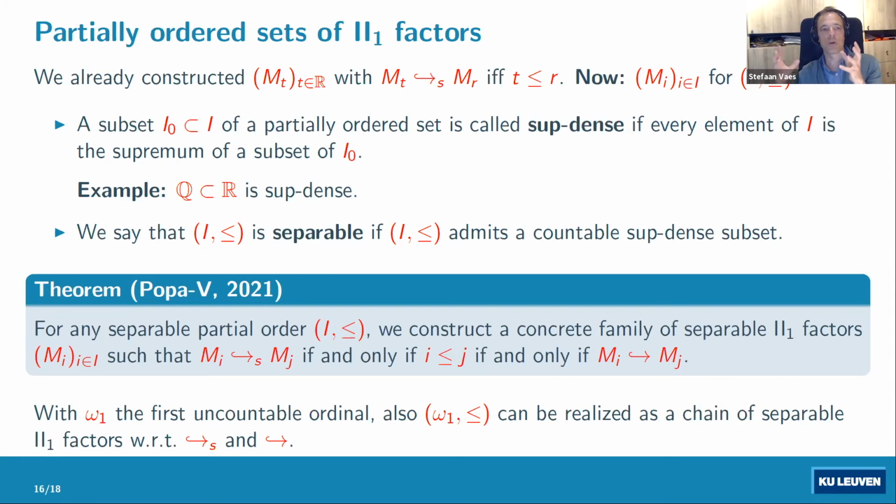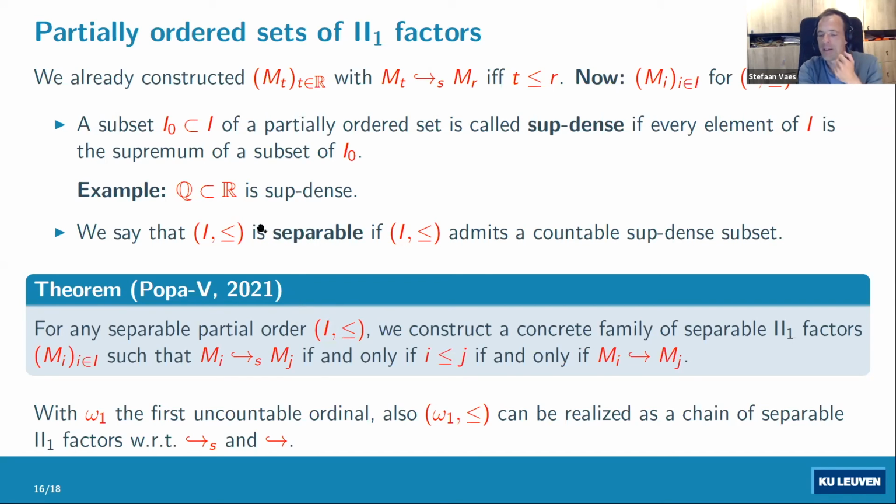So the world of II_1 factors is as rich as it can be, because any partially ordered set can be realized by families of II_1 factors that can be embedded or not according to the partial order. Now, of course, this "any" is exaggerated because we want to stay with II_1 factors on a separable Hilbert space. So of course, you need on your partially ordered set a kind of separability assumption.